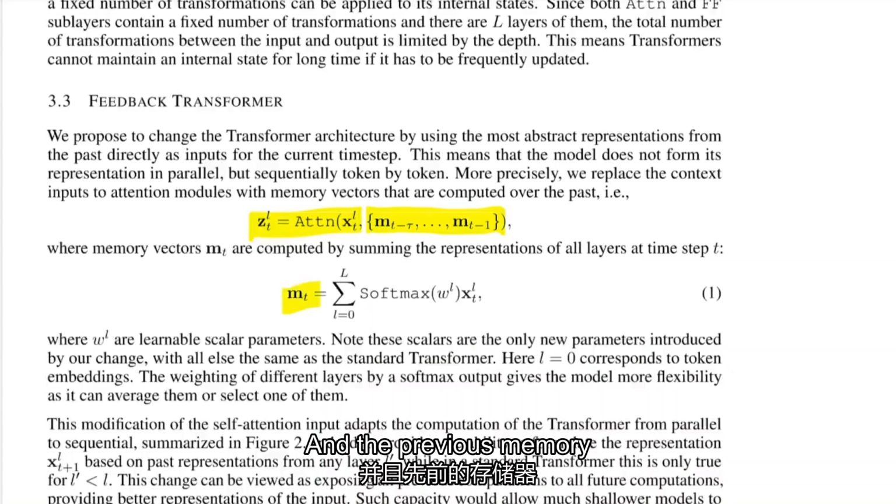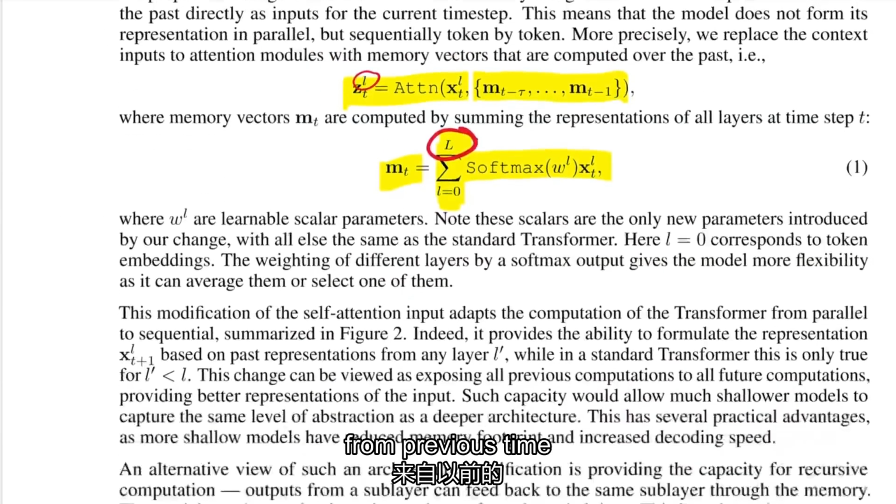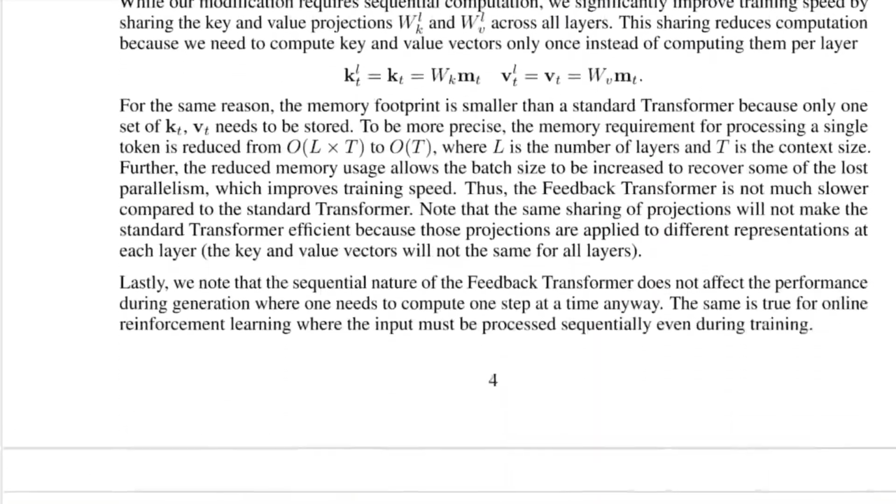And the previous memory is built as a weighted sum over all the layers. And the most important thing for their model is this thing right here. You can see that this now goes over all the layers, even the layers above the layer we are currently computing. It's just that it's from previous time steps, all right?